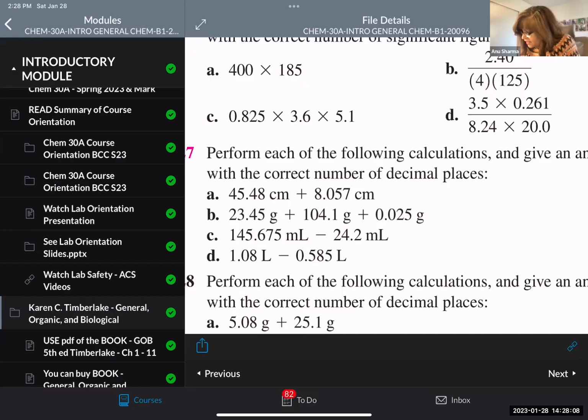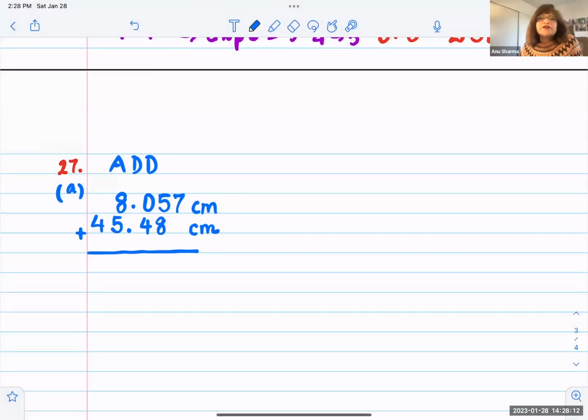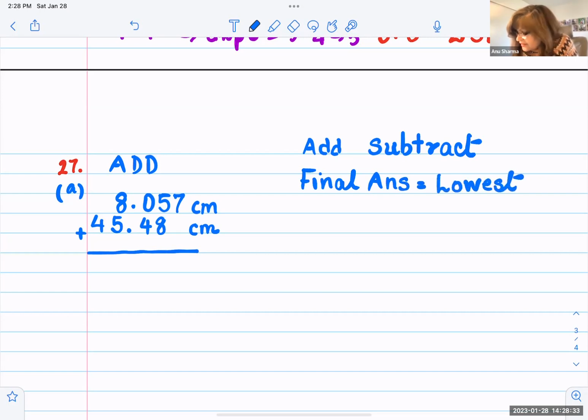The rules are the same. So when you add and subtract, the final answer should have the least number of decimal places.